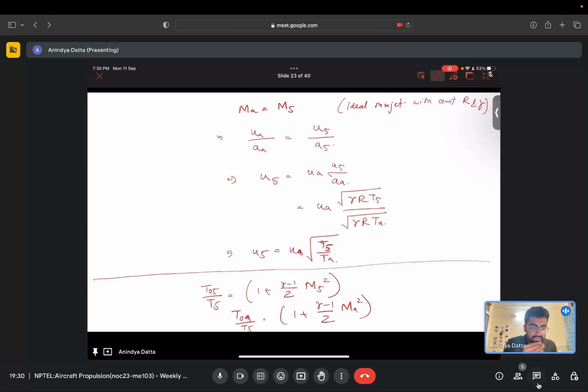I'm just writing the relation between stagnation and static temperature at the inlet of the ramjet and at the exit of the nozzle. And we have seen that M5 is equal to MA.